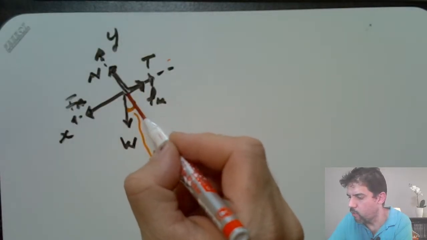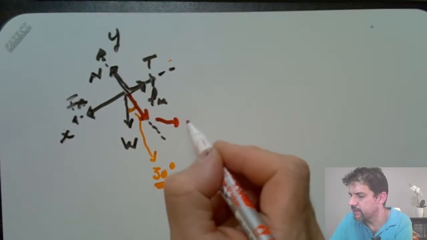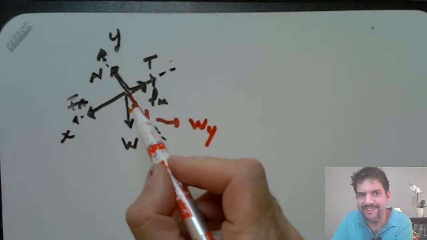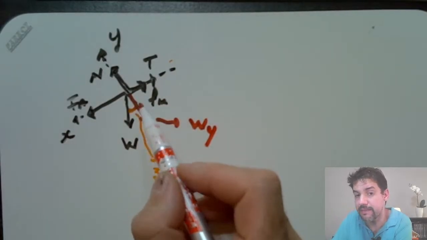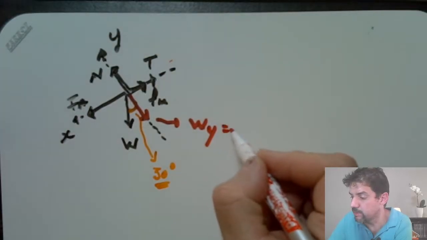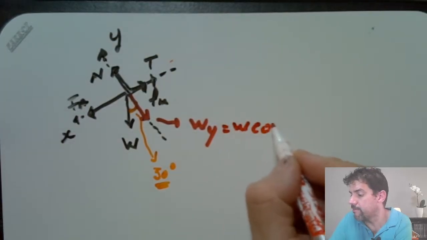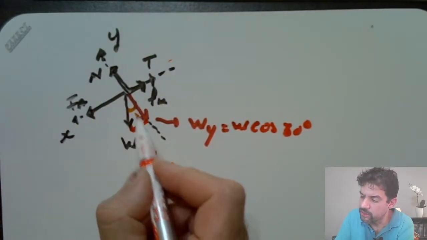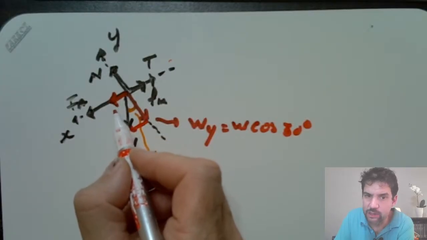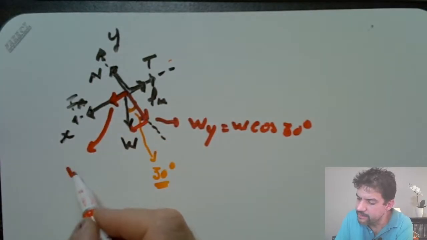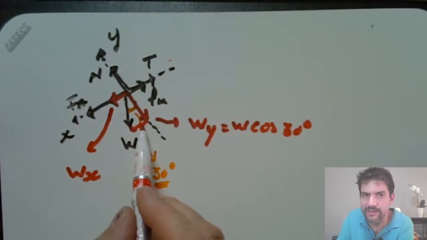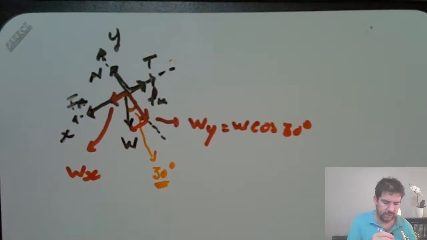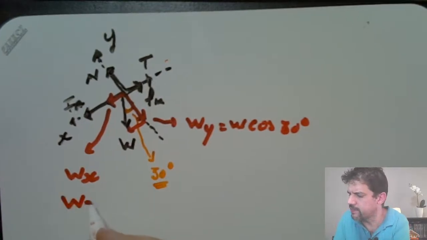So you will have a y component in this direction here that is w in y, and you can see it is adjacent to the angle, it means it's multiplied by cos of theta. So this one is going to be equal to w multiplied by cos of 30 degrees. If you take this one here, opposite, which in this case is that one there, that will be weight in x, and you can see that is opposite to the angle and is therefore equal to, I have to write it at the bottom here, otherwise it doesn't fit.